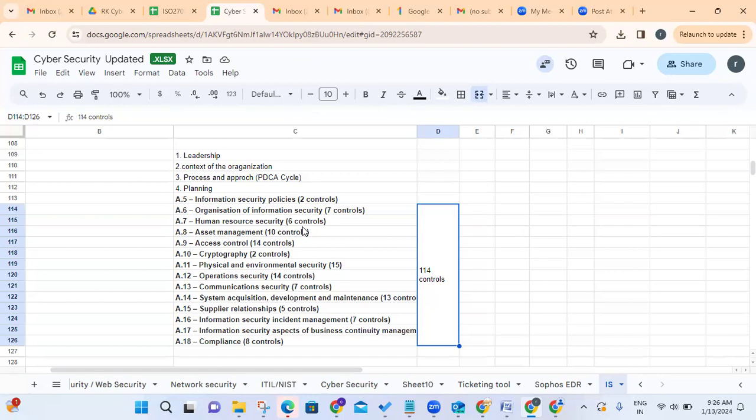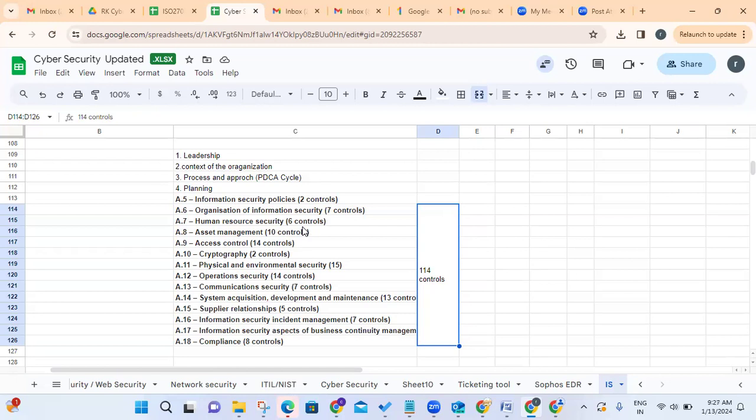First day, out of 114 controls, we will complete maybe 60 controls. Second day, the remaining 54 controls, because for each and every control in the internal audit, we have to discuss with each and every stakeholder, yes or no, and whether evidence is provided or not. All the verifications we have to do.